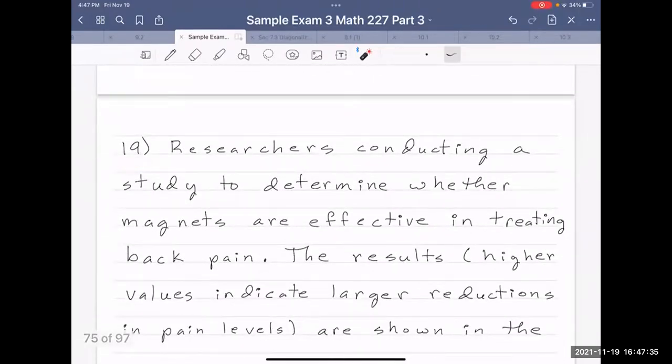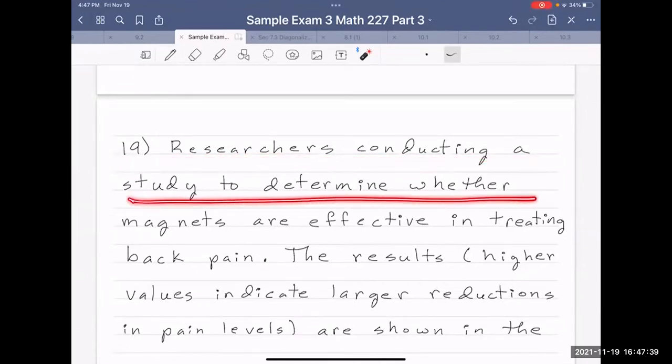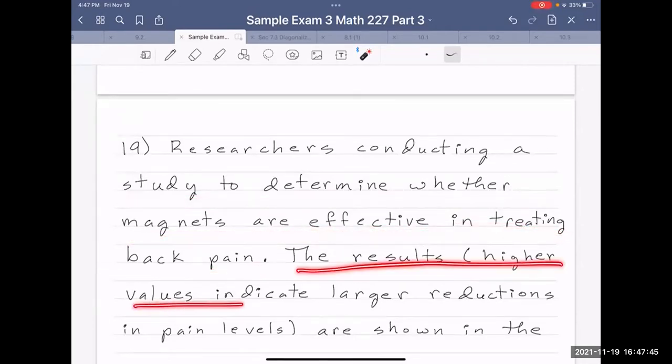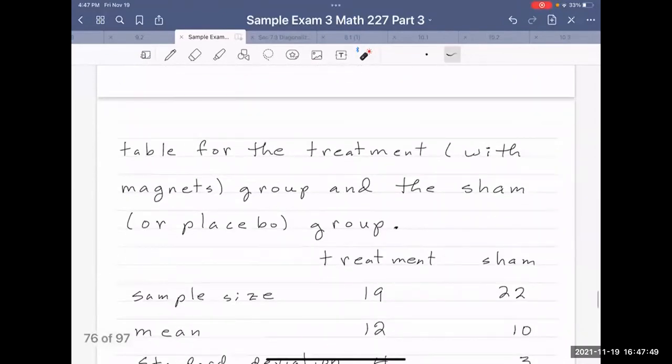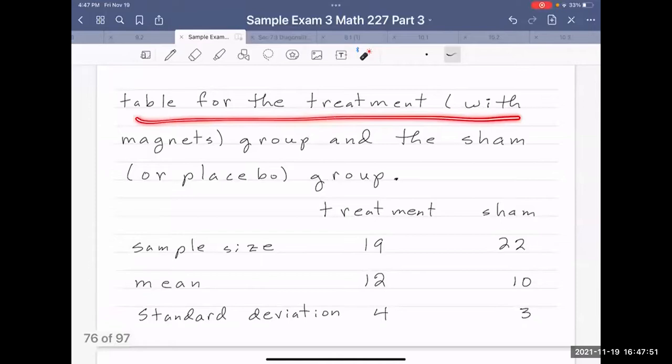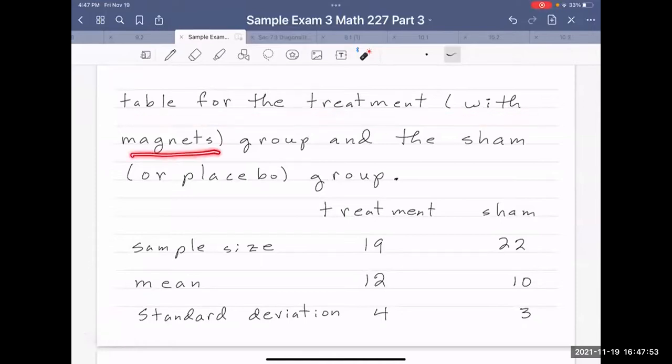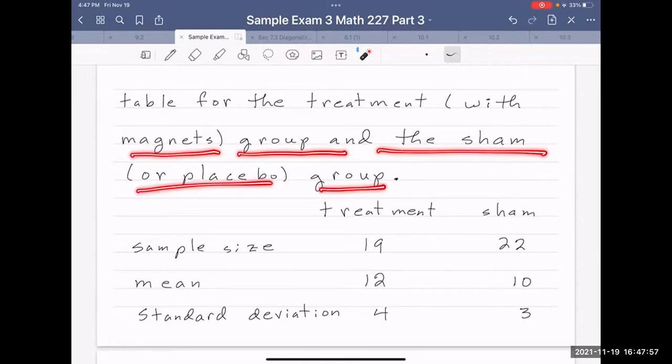19. Researchers are conducting a study to determine whether magnets are effective in treating back pain. The results, where higher values indicate larger reductions in pain levels, are shown in the table for the treatment with magnets group and the sham or placebo group.